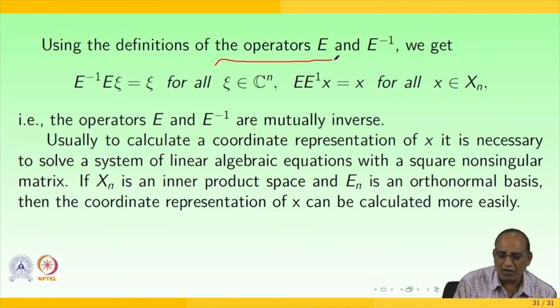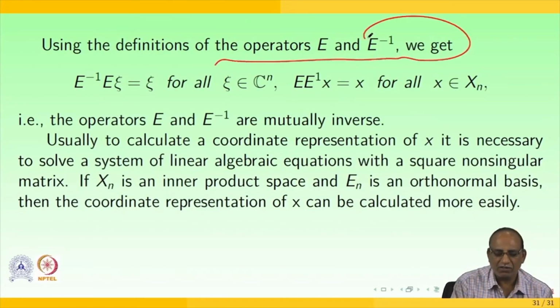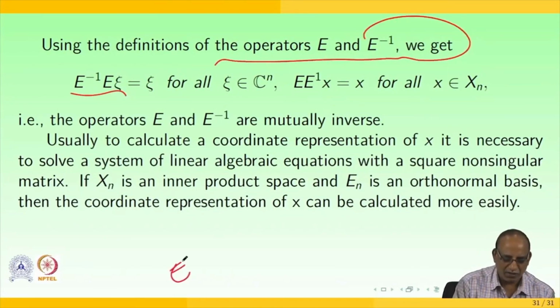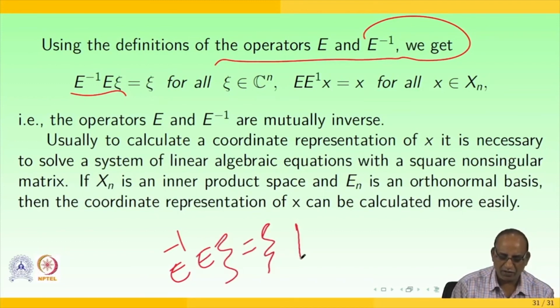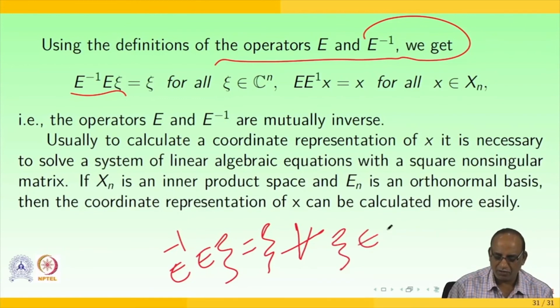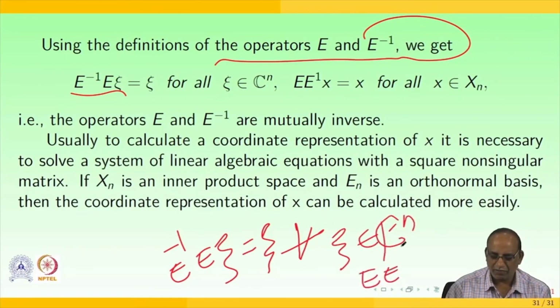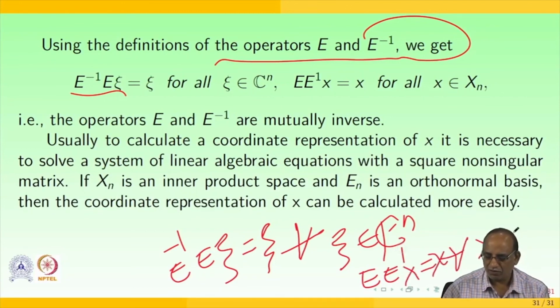Using the definition of the operator E and E inverse, you will get E inverse times E of xi is equal to xi for all xi belongs to C of n, that is E times E inverse of x is equal to x for all x belongs to X n.